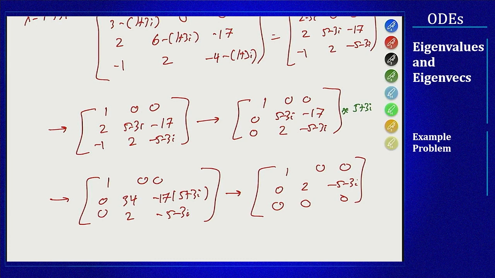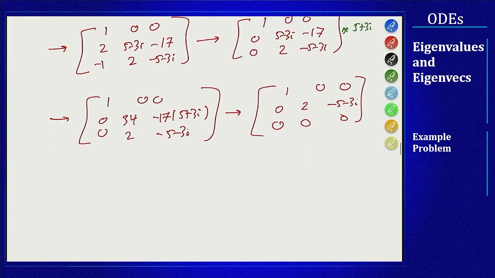So as equations, this tells us that v1 equals 0, and 2v2 plus (negative 5 minus 3i) v3 equals 0. We know v1 has to be 0. For v2 and v3, we can choose v3 to be 2 and v2 to be 5 plus 3i, because then when I cross multiply those, I get 0.